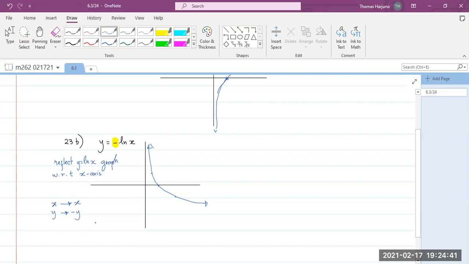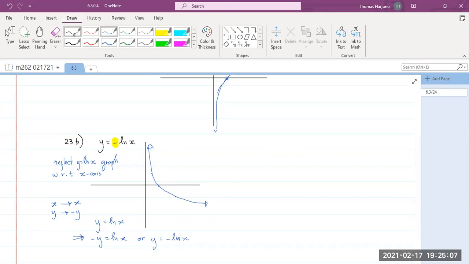So the original function y equals ln x, when you reflect with respect to the x-axis, the y becomes -y, which is equivalent to y equals negative ln x. You see what I mean?